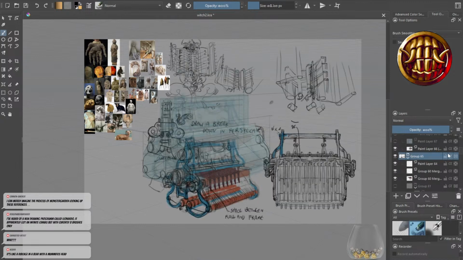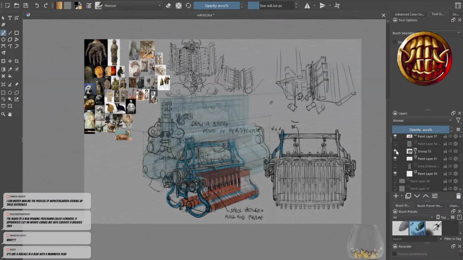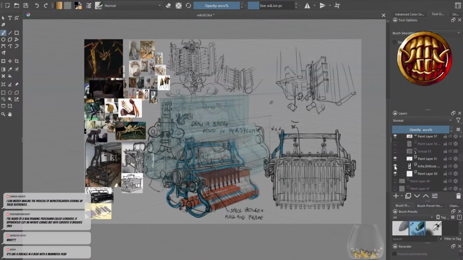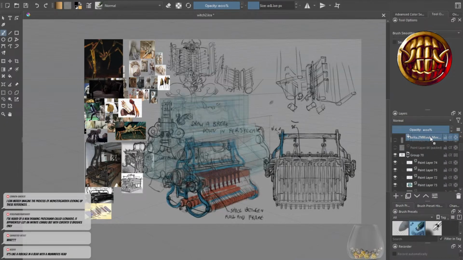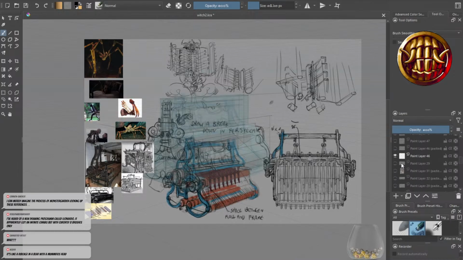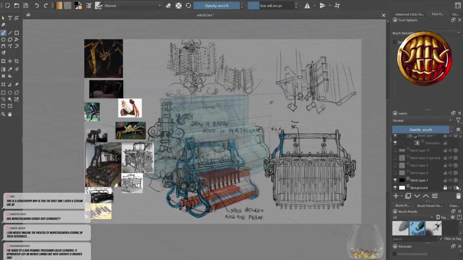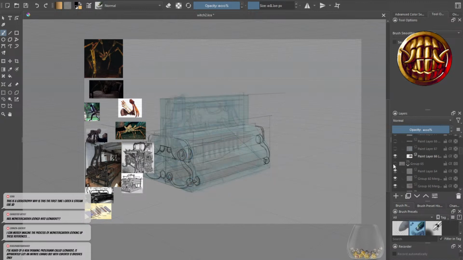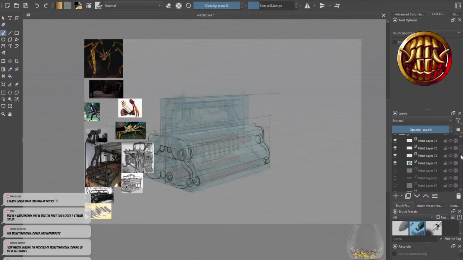Gotta love not labeling things. This. This. Yes! Here it is. Move that to the top so I don't lose it again. I gotta find what I just opened and close it again. This. Yes. Aha. Such a clean workspace.